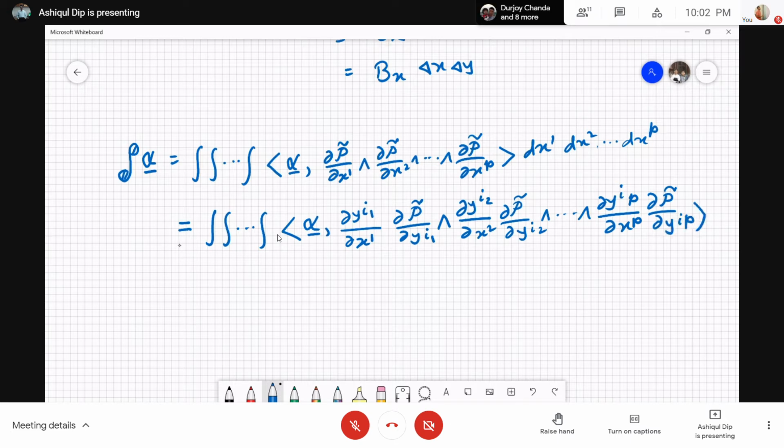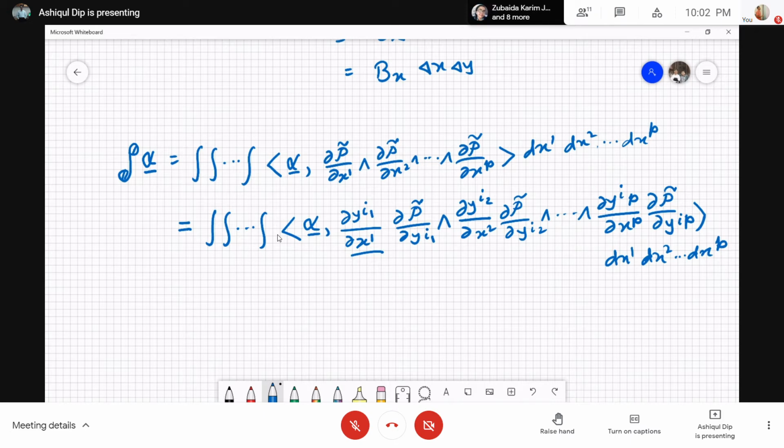Then you have dx1 wedge dx2 up to dxp. I want to take these numbers, like delta y i by delta x, out of this piercing process.